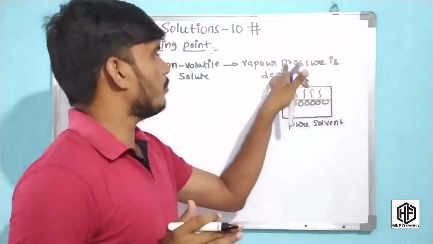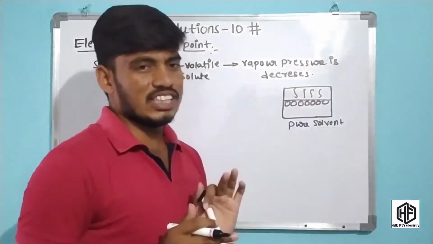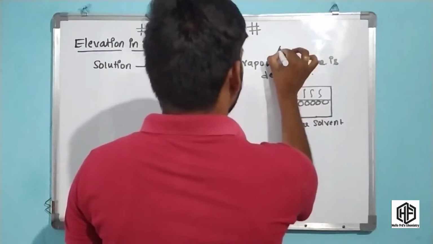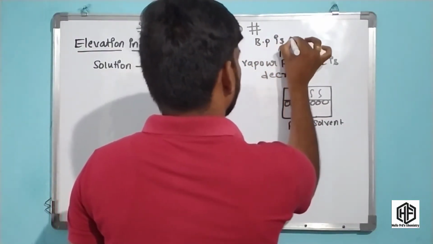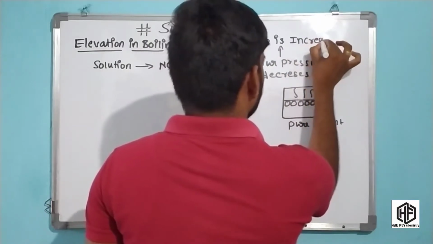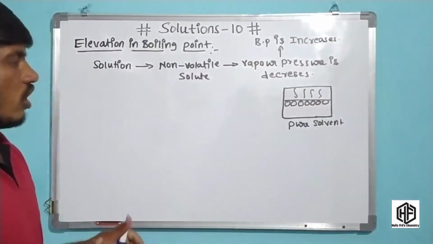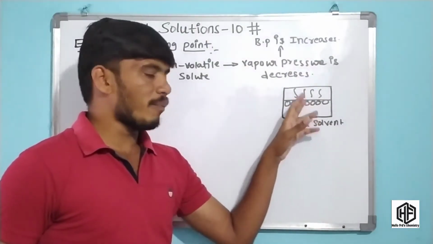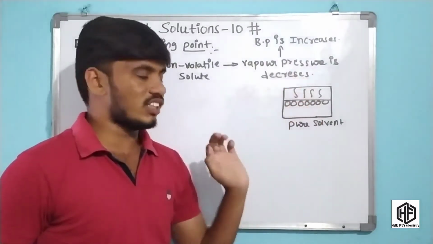Now whenever the vapor pressure of the solution decreases, the boiling point increases, because when the pure solvent boils, the vapors increase, and whenever the vapors increase, vapor pressure increases.